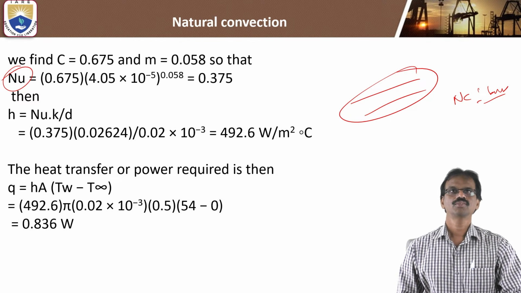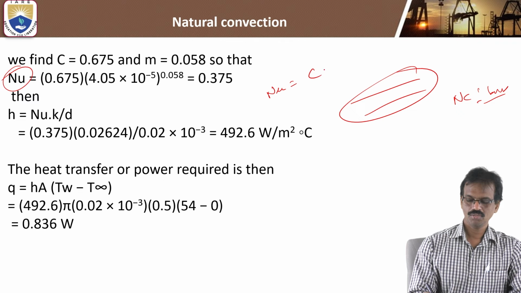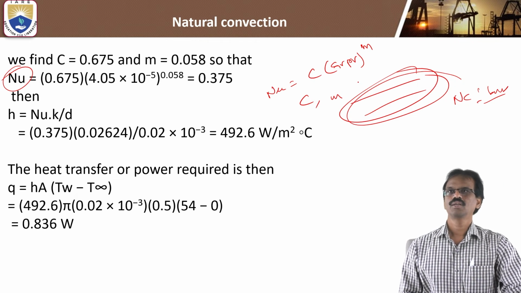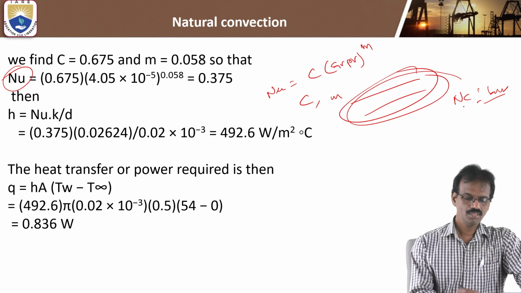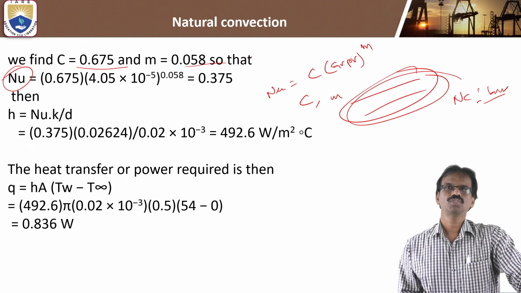By using these parameters, you can choose the Nusselt formula for this case. Nusselt number is equal to C into (Gr Pr) to the power of M. The C value and M value are based upon the wire in natural convection laminar flow: C is equal to 0.675 and M is equal to 0.058.